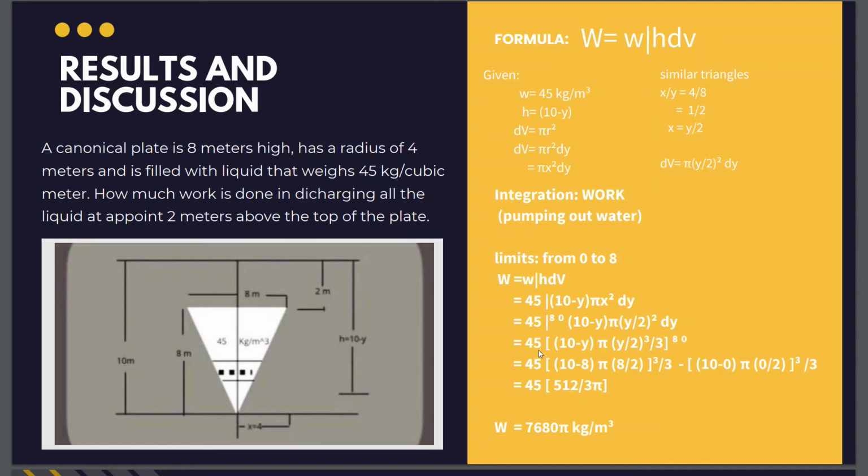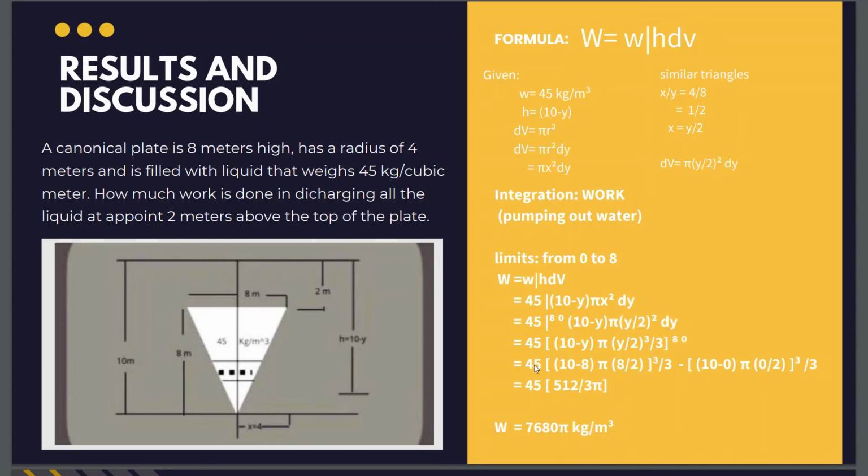As we evaluate, we have 45, then 10 minus y, and then pi, and then y over 2, so 2 plus 1 is 3, over 3, with the limits of 0 to 8.